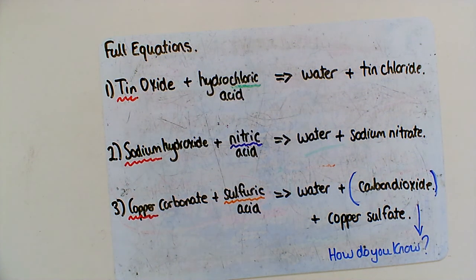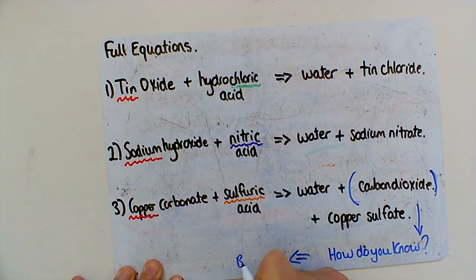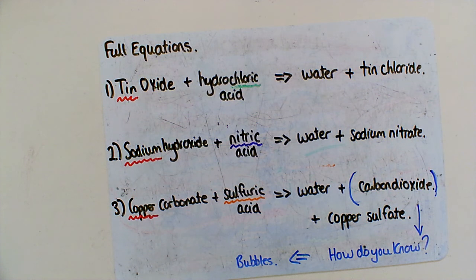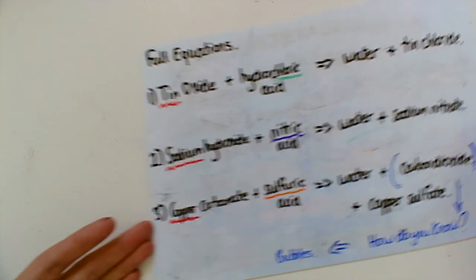Well, one sign would be that if we're producing a gas here, but not in either of these ones, we would get bubbles. So that's a good clue. However, that's not a very chemical way of showing it, because other gases could have been produced that would give bubbles as well. So there is a test that you can do to check if you are producing carbon dioxide.